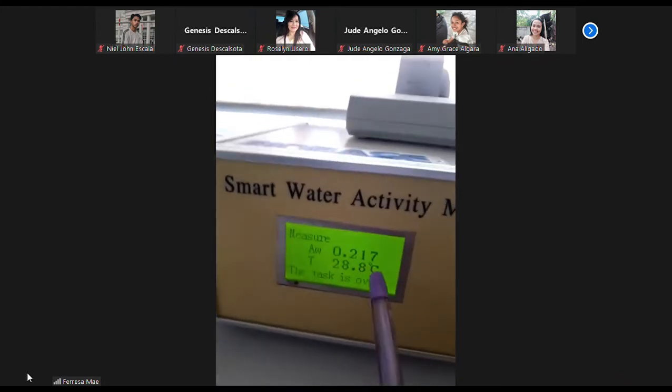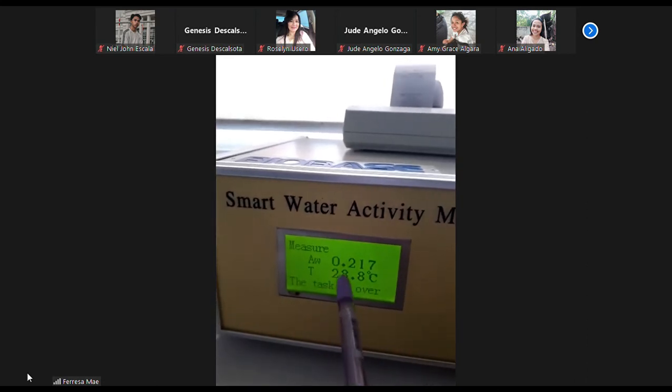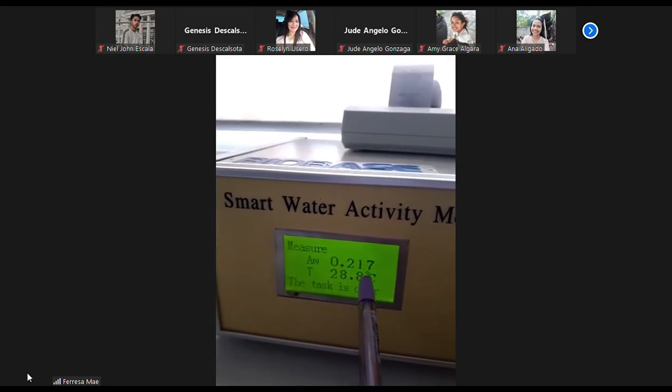Ara na nga cocoa flour, 0.217 iya nga water activity.